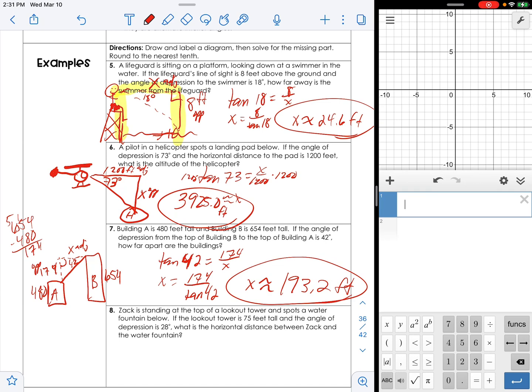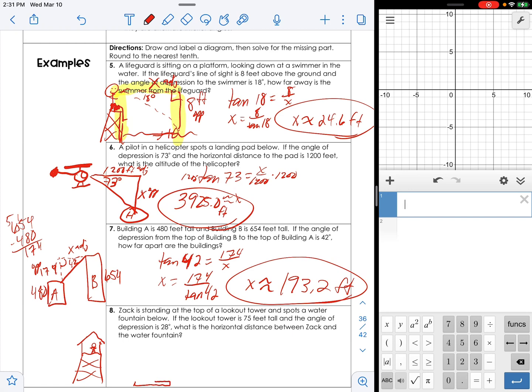One more. Zach is standing at the top of a lookout tower and spots a water fountain below. So he's, I don't know, up on a lookout tower. There he is. And he spots a water fountain below.